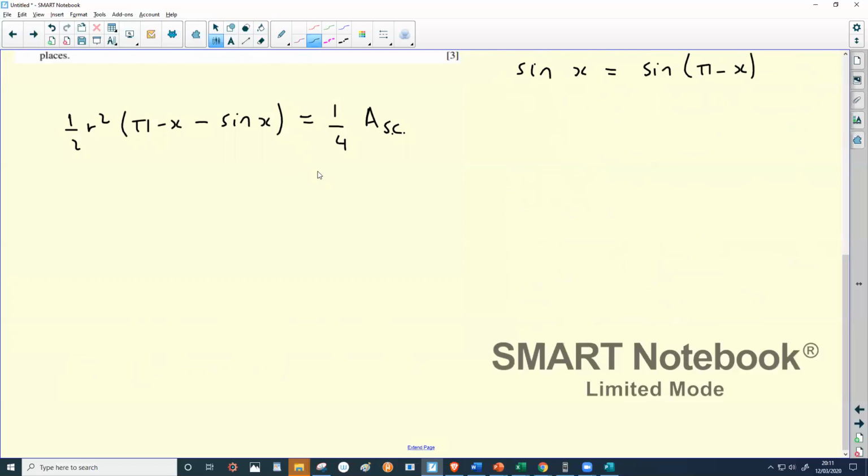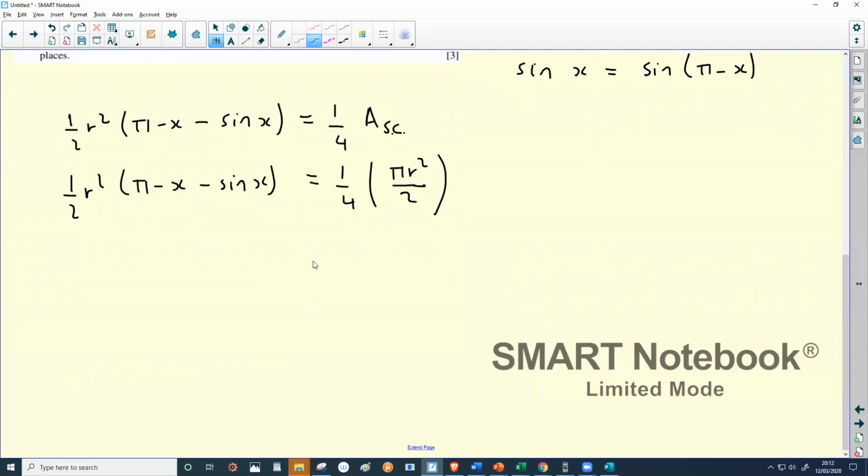In this case, we know what the area of a circle is, so the semicircle is going to end up becoming pi r squared over 4. Not over 4, over 2. So what do we have? We've got half r squared (pi minus x minus sine x) equals a quarter of the area of a semicircle, which is pi r squared over 2.